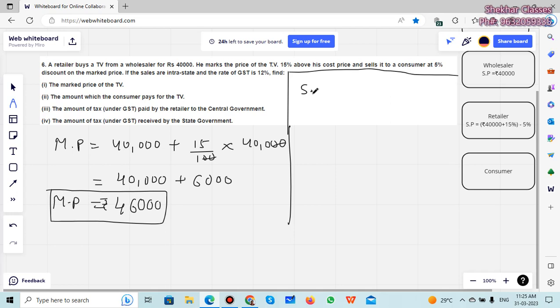We know the selling price is marked price minus discount. Discount is in percentage, so we need to convert it to rupees. The mark price is 46,000 minus 5%. So 5% of what? 5% of 46,000, the mark price only.